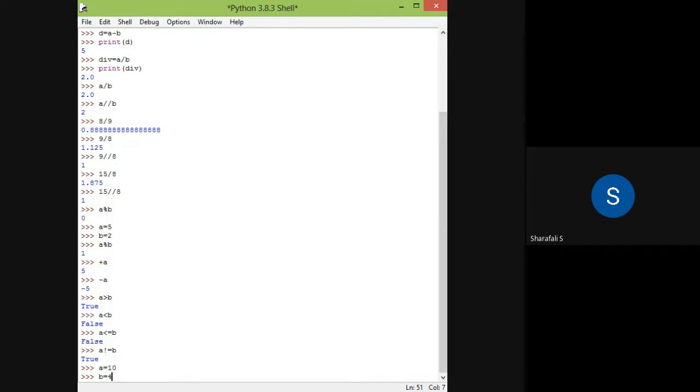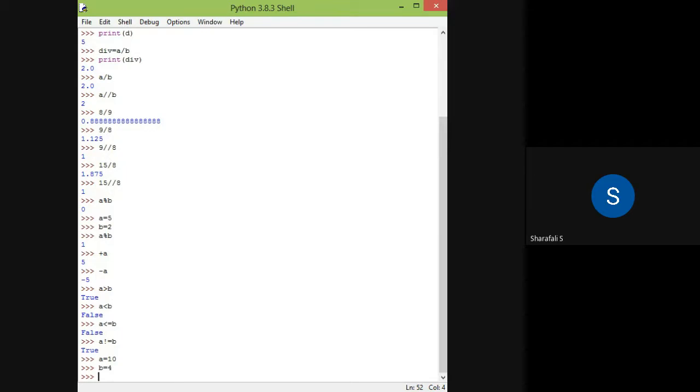If you are doing the bitwise operation A and B, that will give you 0, because you are having 1010 for 10 and 0100 for 4.